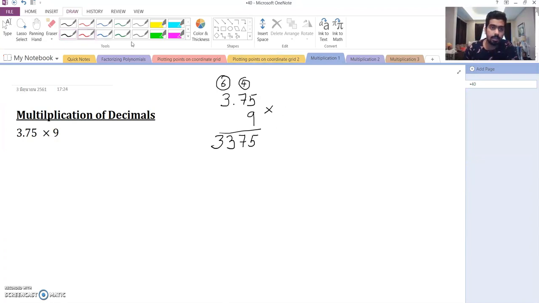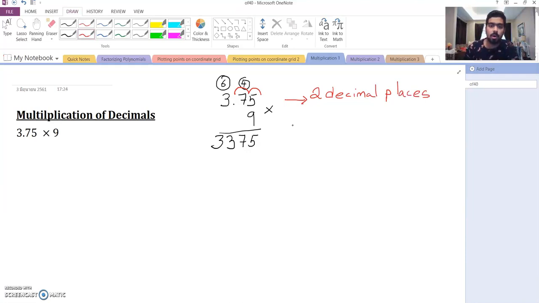The new part here is, if you take a look at this, we have a decimal on the top number. So step number two, we'll be looking at how many decimal places it has. We have 1 and 2. So we have 2 decimal places.